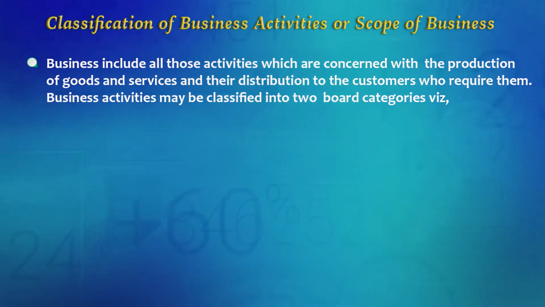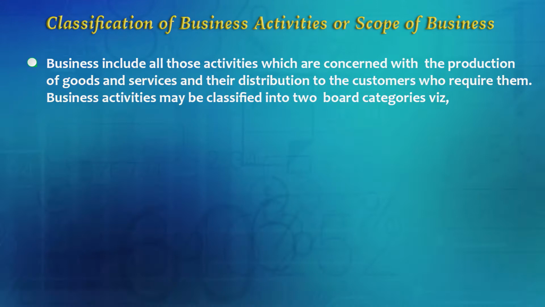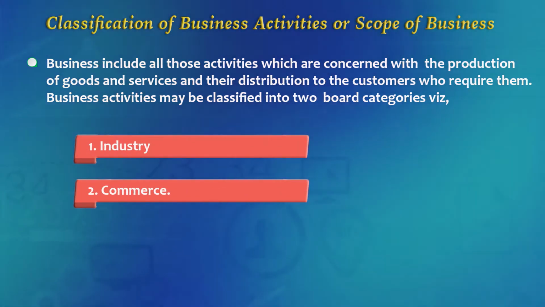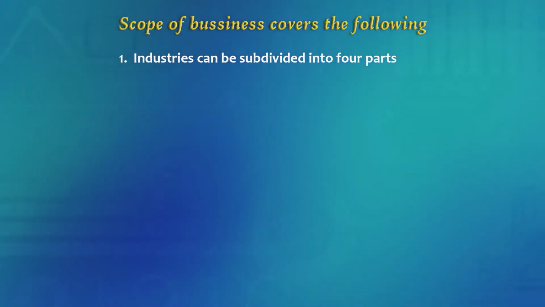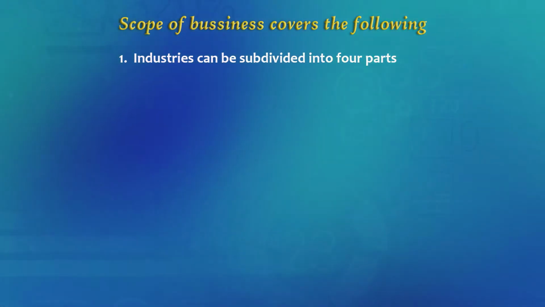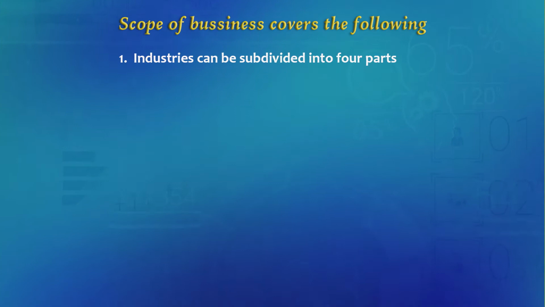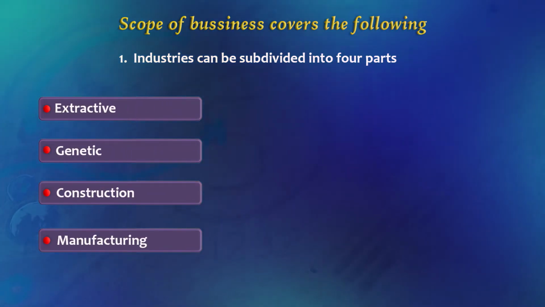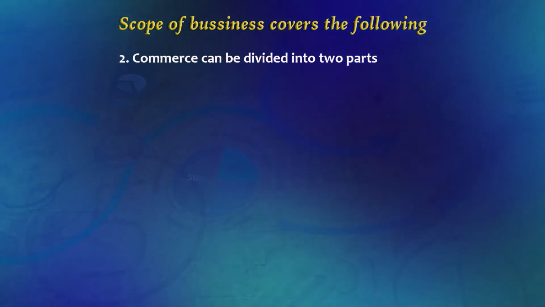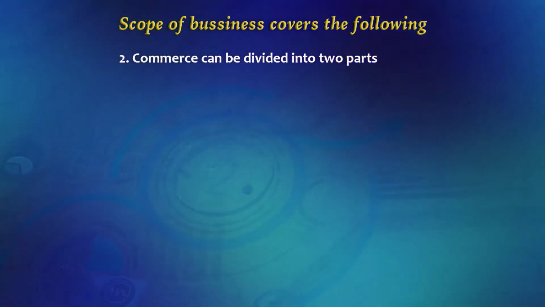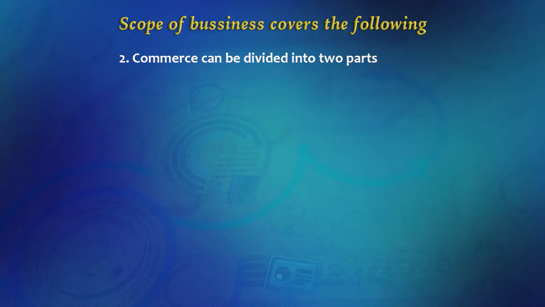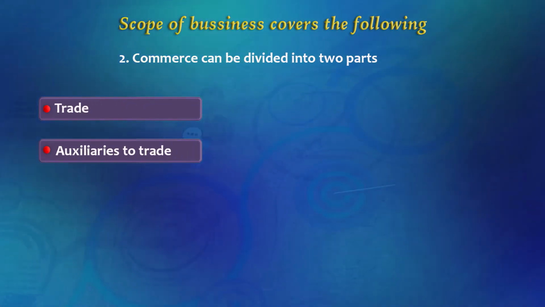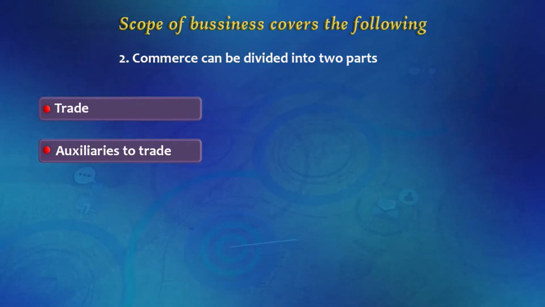Business activities may be classified into two broad categories: industry and commerce. Industry can be subdivided into four parts: extractive industry, genetic industry, construction industry, manufacturing industry. Next is commerce. Commerce can also be divided into two parts: one is trade and another is auxiliaries to trade.